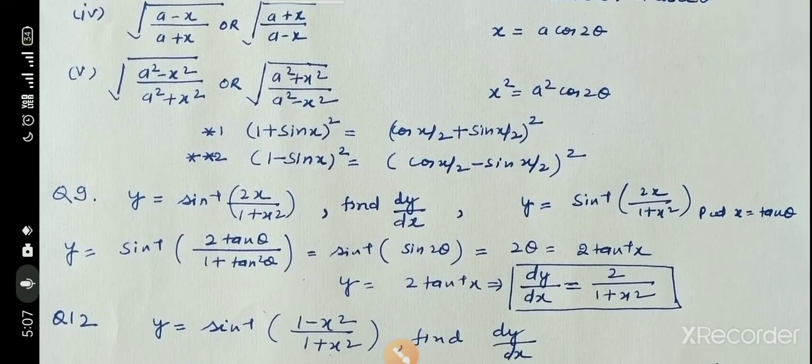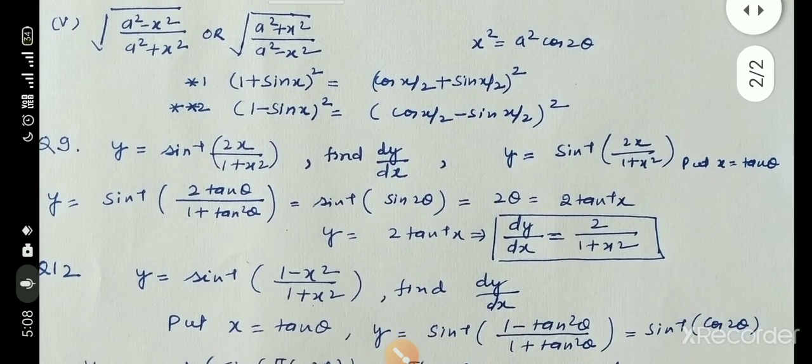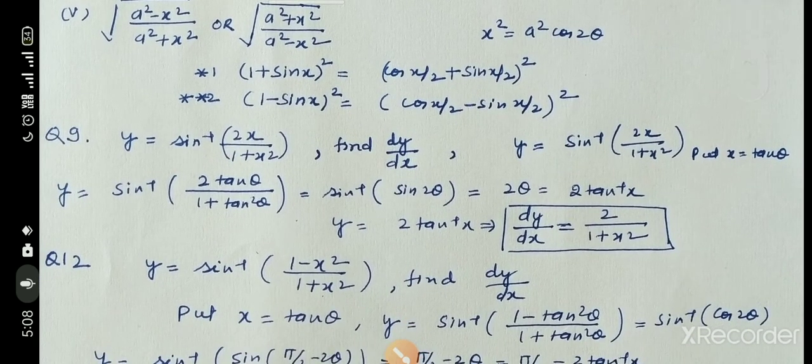First we shall attempt question number 9. Here y is equal to sin inverse 2x upon 1 plus x squared. Simply put here x is equal to tan theta. After substituting tan theta, it will become y is equal to sin inverse 2 tan theta divided by 1 plus tan square theta. And as you know that 2 tan theta upon 1 plus tan square theta can be written as sin 2 theta.